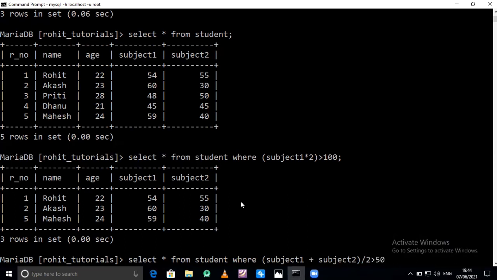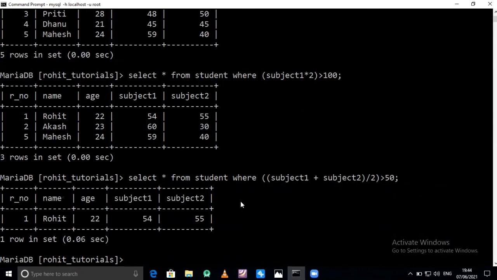So I use the bracket for this operation. After that, semicolon, press enter. So here subject 1 plus subject 2 divided by 2, which is greater than 50.